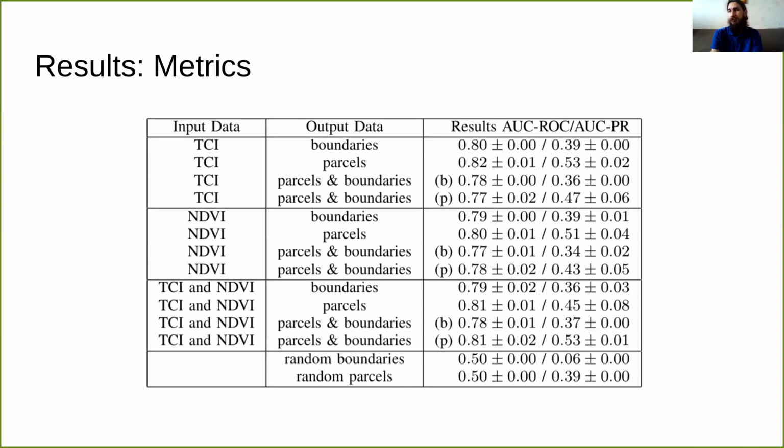So these methods could be used, but the dependency between input and output data is not that big. We experimented with several inputs and outputs in a multitask approach, where we tune the network to find parcels and boundaries simultaneously and then calculate the metric for only one of the outputs.